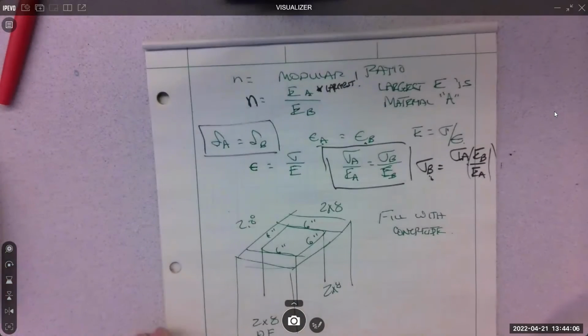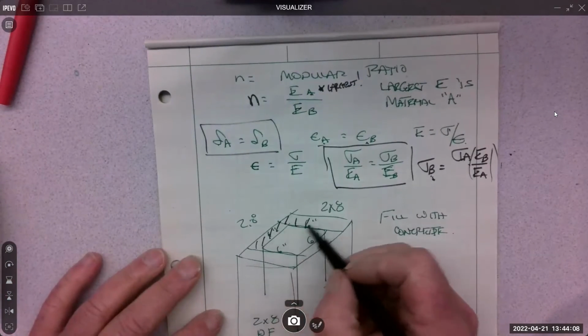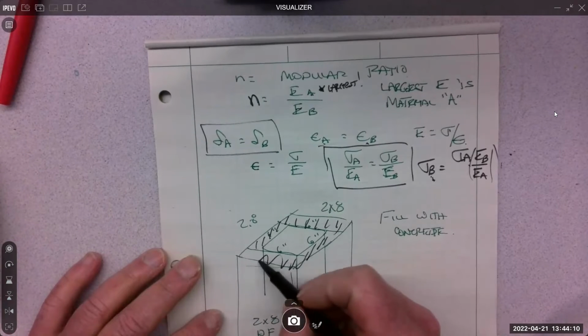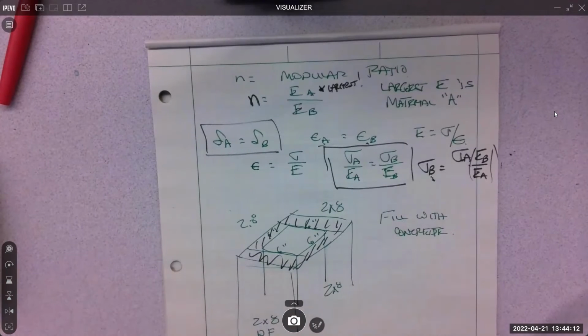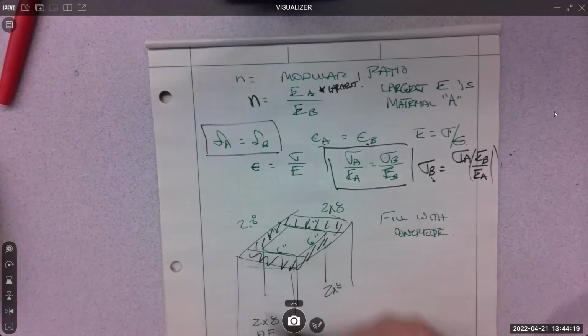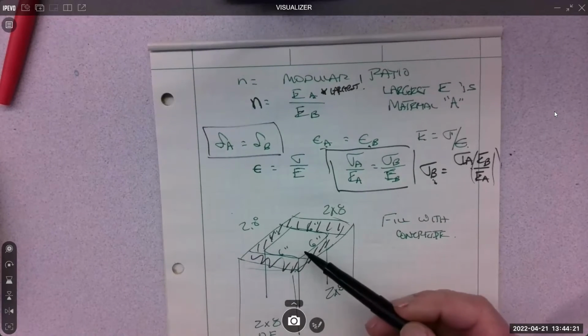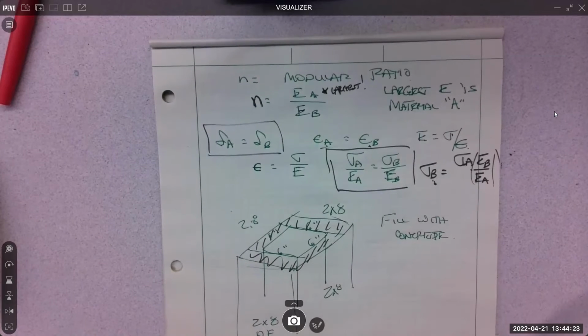All right, so what I want to do is an example, kind of a real world one, where we build a form out of wood. That's all wood. Pretty common, but sometimes in columns, you'll just leave the wood and you'll load the whole surface. So this would be a concrete reinforced wood column.